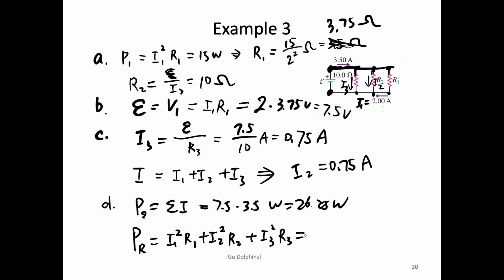You plug in all the numbers we found, and you find it is also 26.25. So the power produced by the battery equals the power consumed by the resistors. So we have energy conservation.